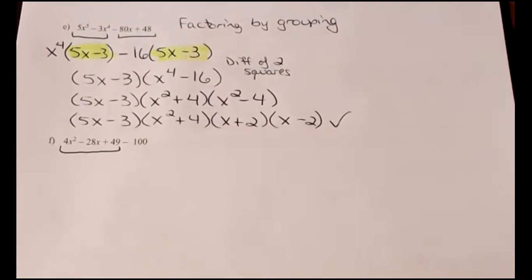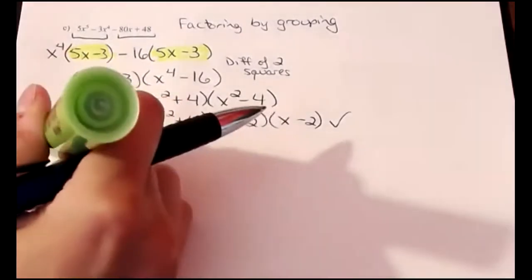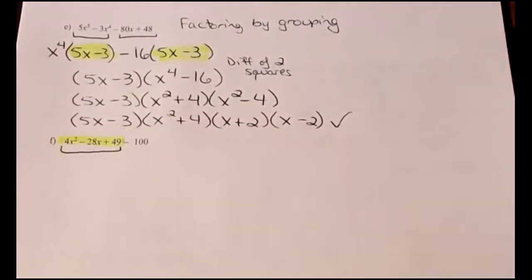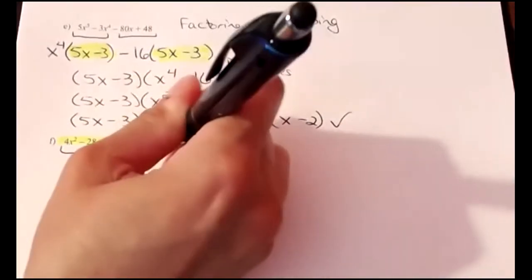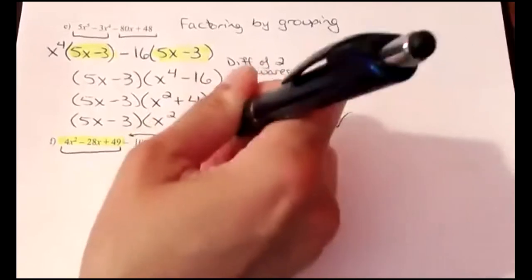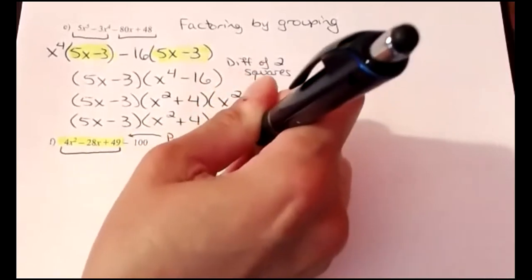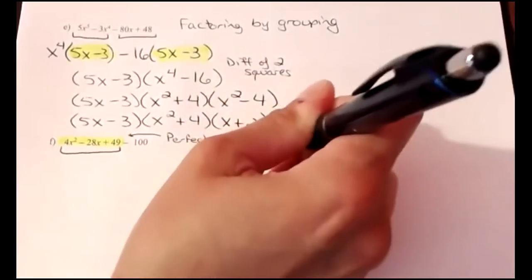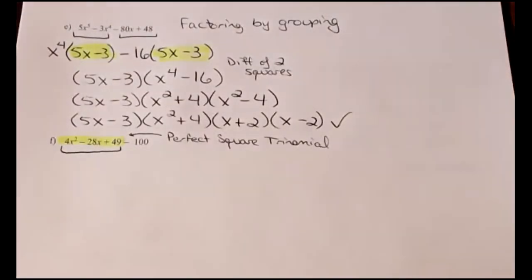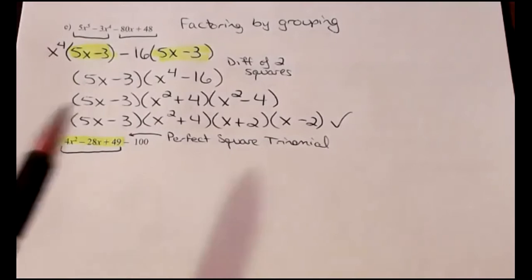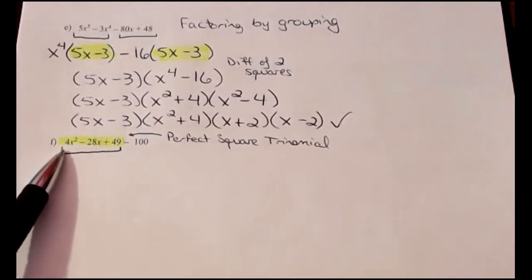So I'm going to look at our first 3 terms. I'm going to note here that that is a perfect square trinomial. I'm going to double check mentally that that's a perfect square trinomial. We know that 4x squared would break down into 2x times 2x.